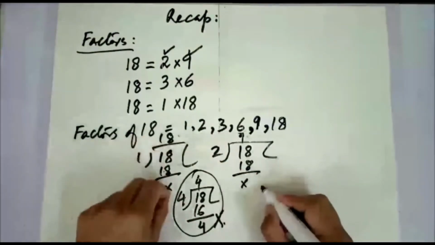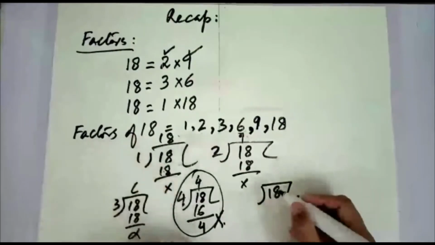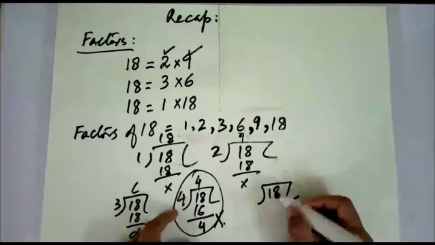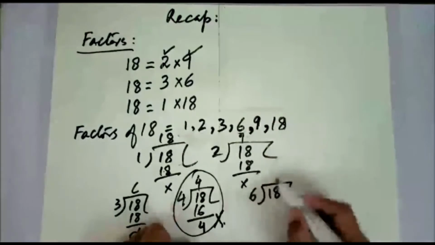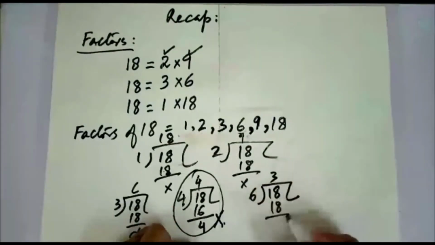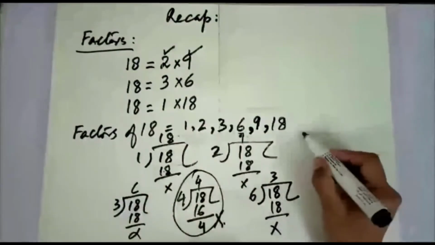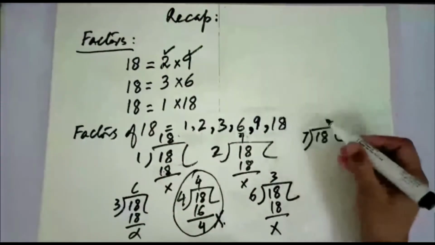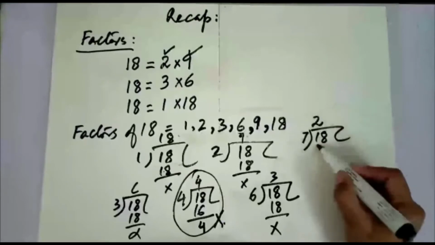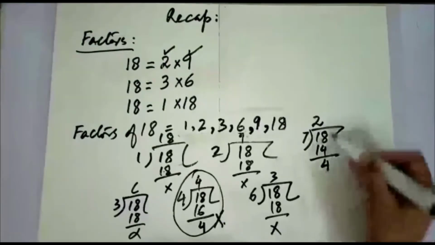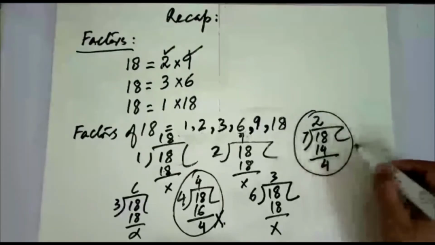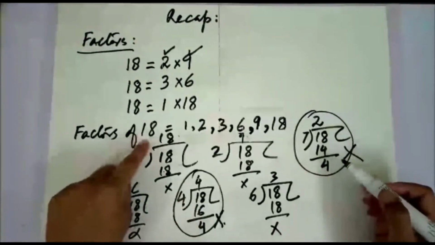Now I will divide this 18 by this 6. 6 3s are 18. There would be no remainder. We can take 7 also. If we will take 7, then 7 2s are 14, and there is a remainder, so 7 would not be the divisor or factor of 18.